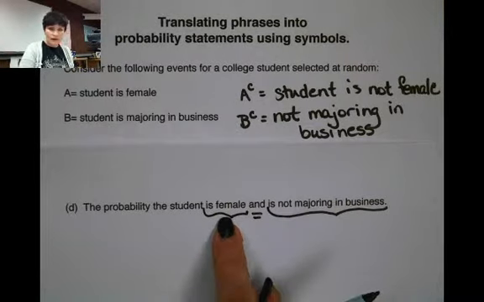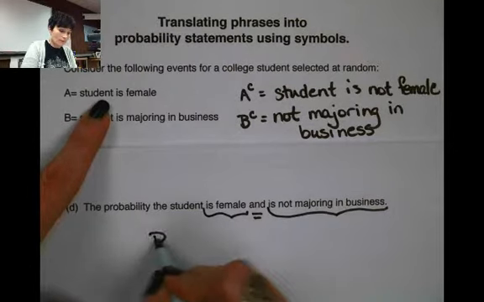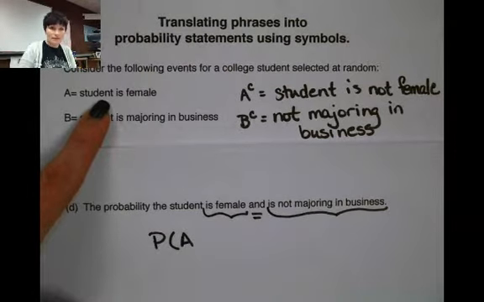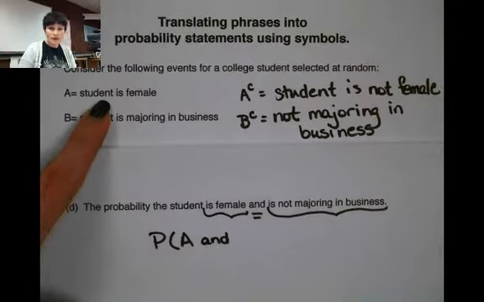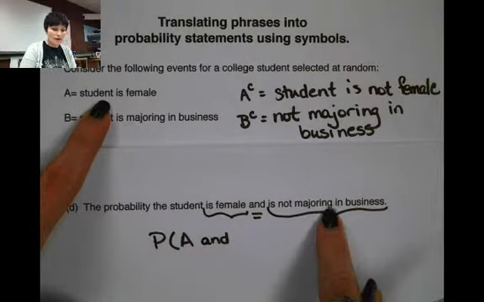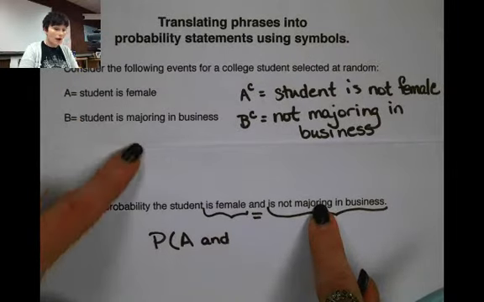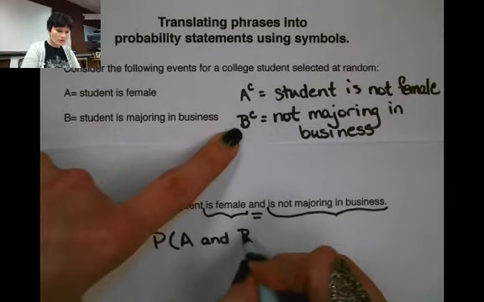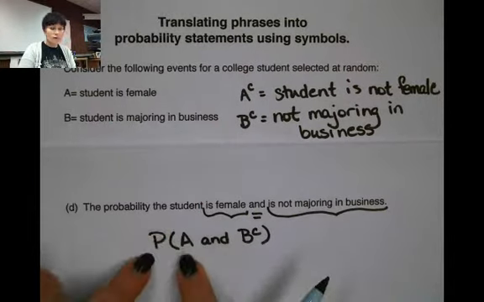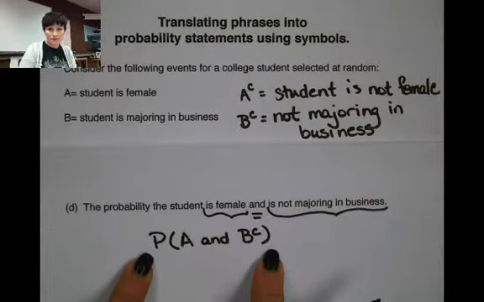Is female is event A, so I have the probability of event A, and at the same time, the probability that the person is not majoring in business. Not majoring in business was the complement of B. So this time I'm looking for the probability of event A and the complement of B.